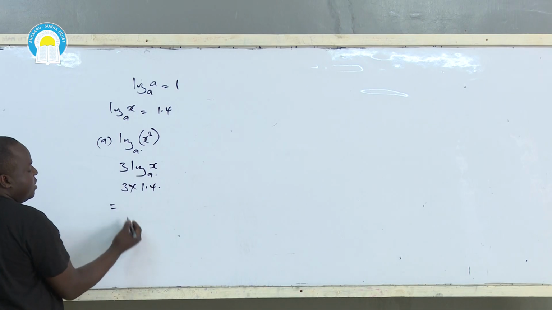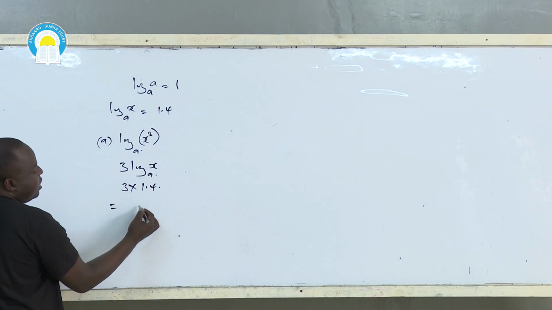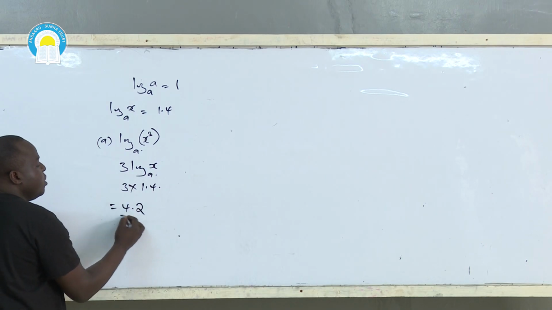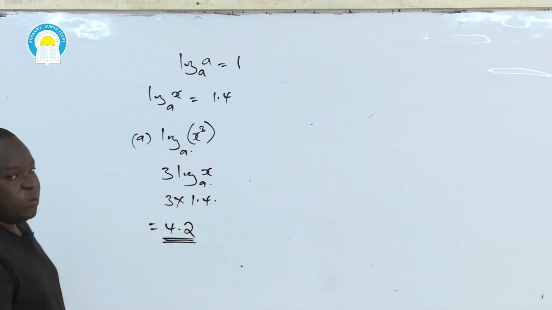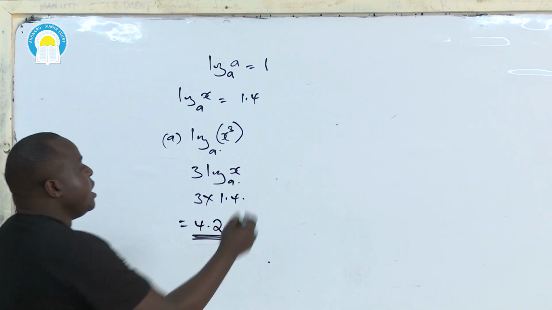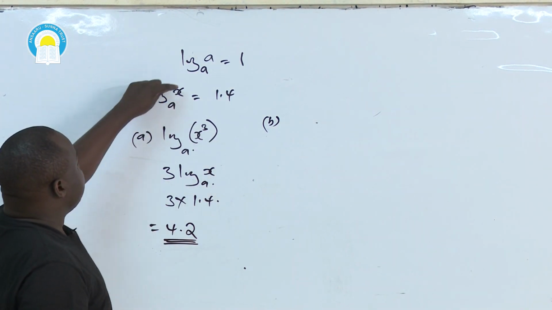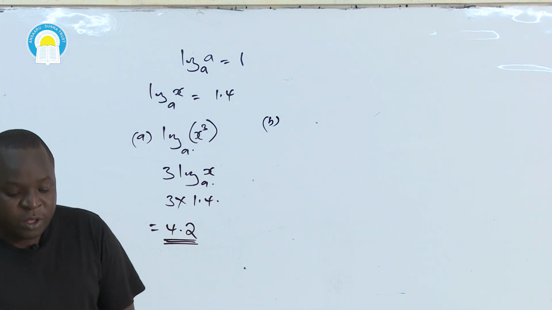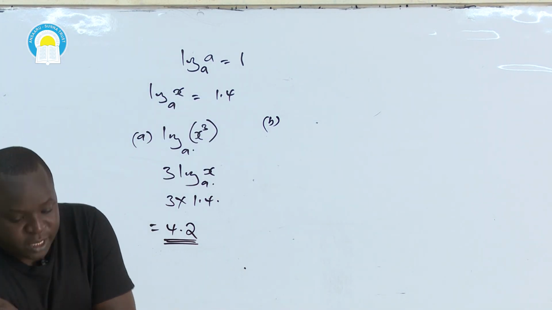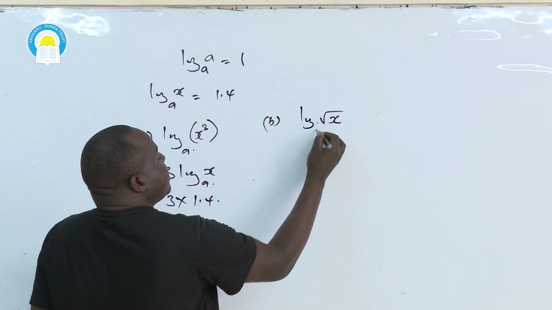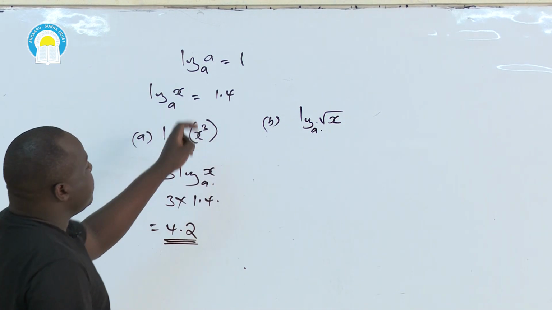Then I'll multiply this. 4 times 3, 12, carry 1. 3 times 1, 3 plus 1, 4. So the answer is 4.2. That's my first example. The second one, B. I'm still using the same: given that log x base a equals 1.4, I'm solving the following. The next one is log the square root of x base a. So the base is a, just like that.